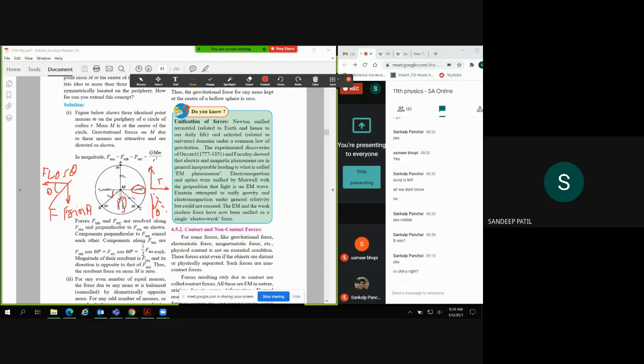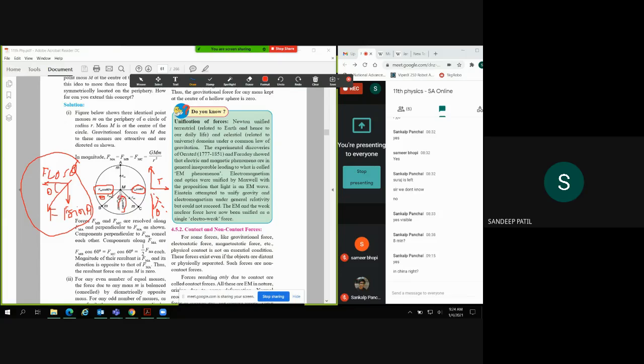They are taking FMB with theta here, or 60 degrees, so FMB cos 60 is this. So this is general for any type of force resolving. If F is making angle theta, the horizontal component along this theta will be F cos theta, and along the other direction F sin theta. Similarly we resolve these two forces.